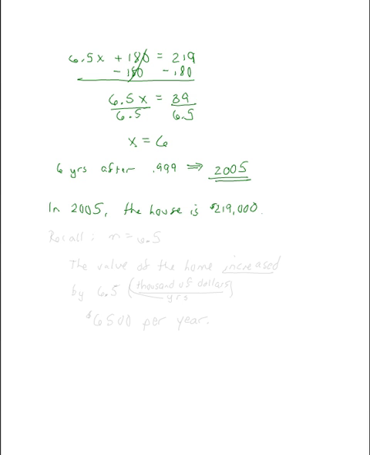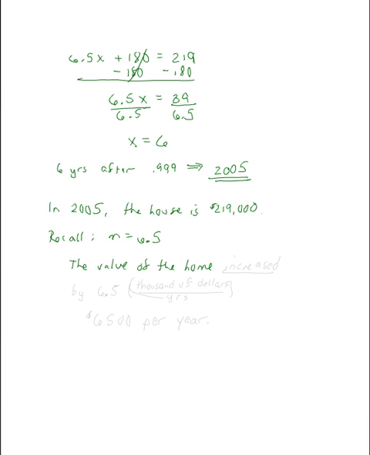Now we did have a second question. Our slope was 6.5. We want to know, what does that represent in the context of this problem? Because it's positive, we know that the value of the house increased.